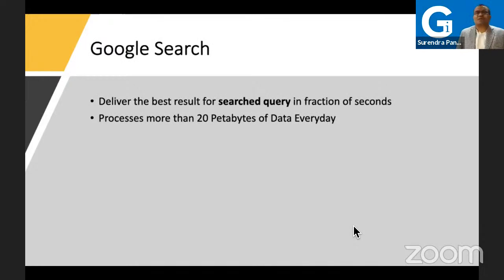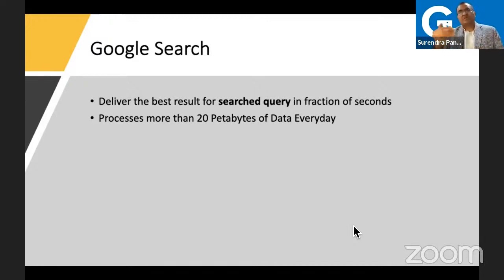Now, how is a big company like Google using data science? You must be searching something on Google, like for any kind of product you want to buy, or let's say you want some services. You have a certain query, and Google gives you recommendations.